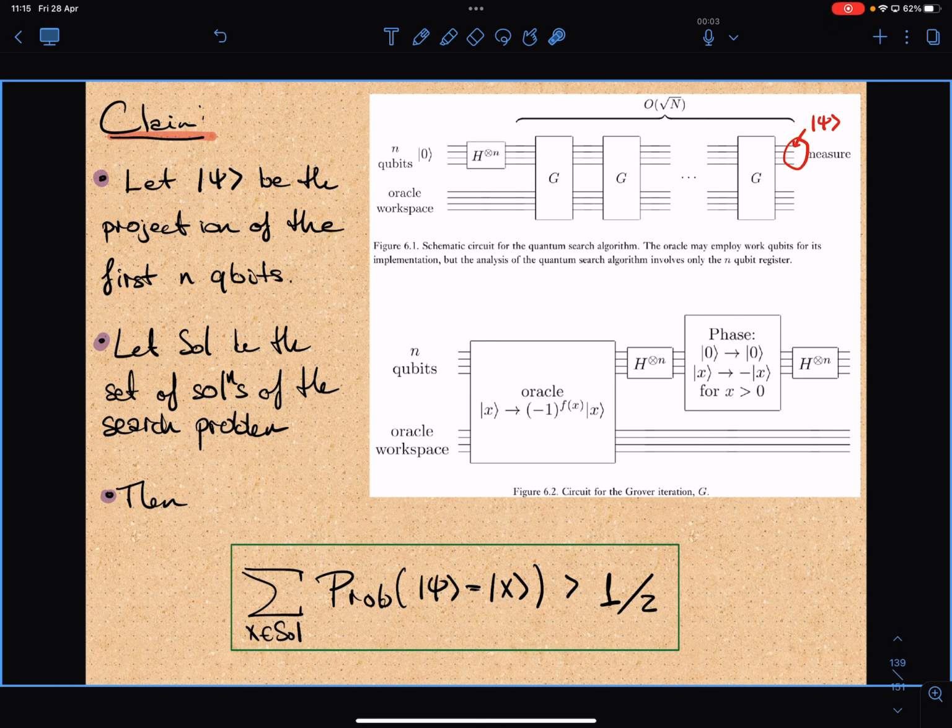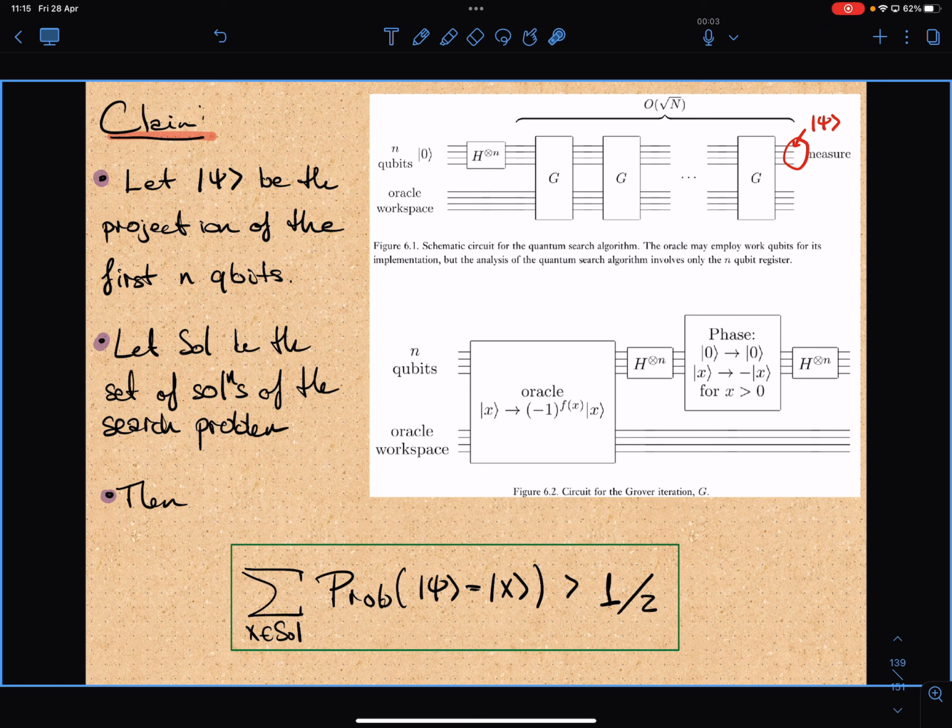And potentially, what you could do is, if you start with m solutions and you start with this oracle circuit, then you run the algorithm, you get a solution, then you can switch the search problem to exclude that previous solution, and you would have to change this oracle, and then it would give you a different solution. So you can do it that way.